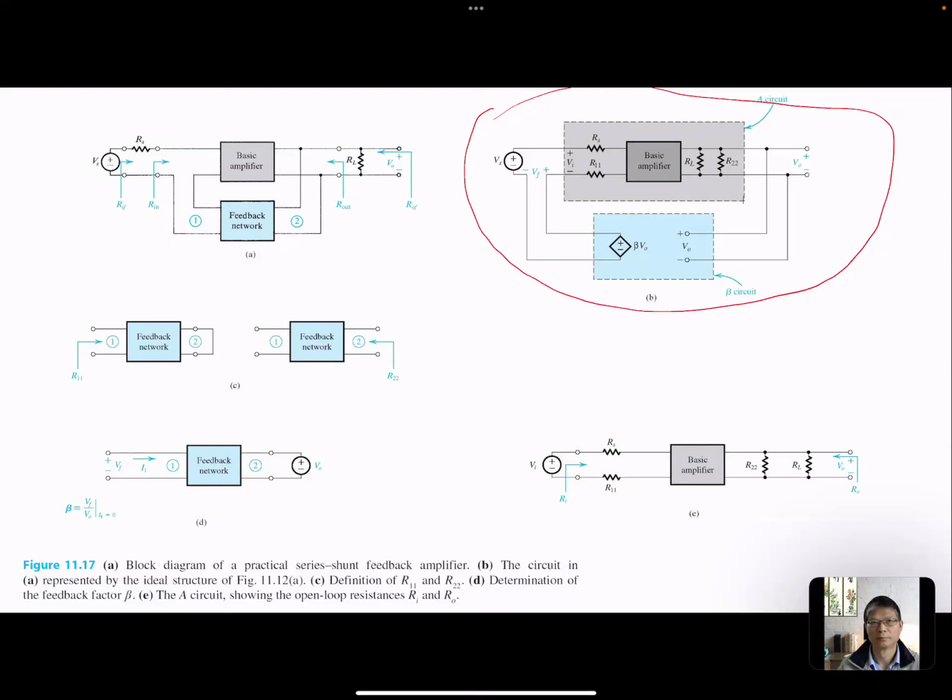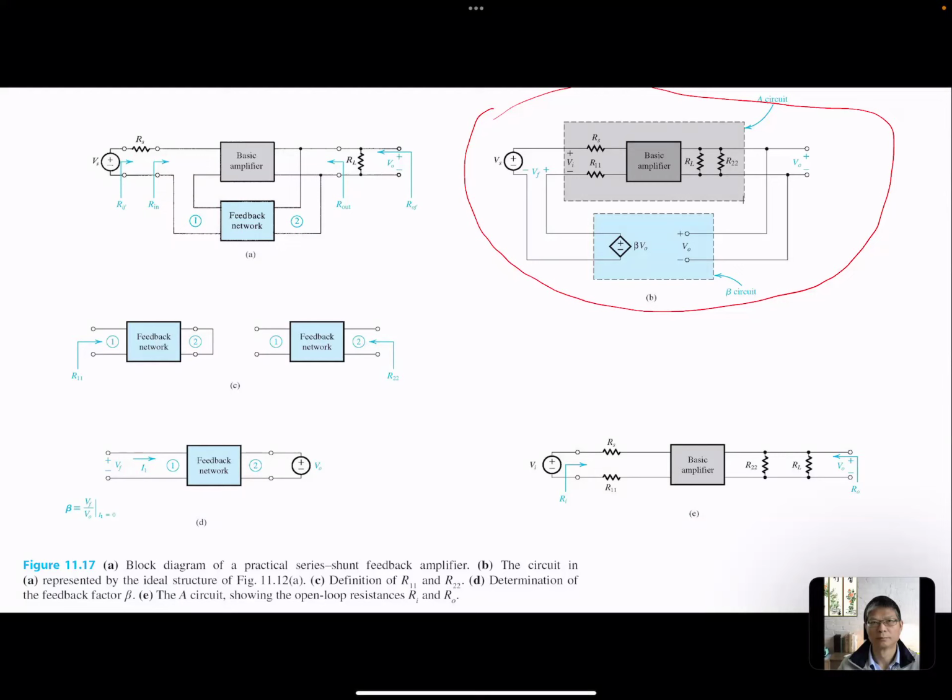For R11, for the feedback circuit only, we short the output and then look at what is the input. Typically, the feedback is a resistive network. It could be two resistances, it could be three, it could be four. It depends. But if we short the output side of the feedback and look in from the primary side, we get R11. That's how you get it.